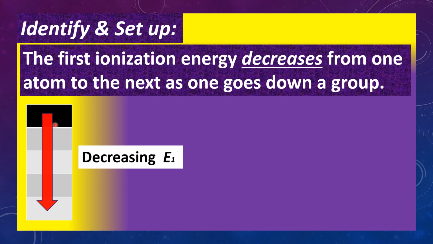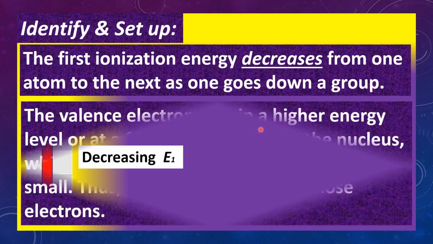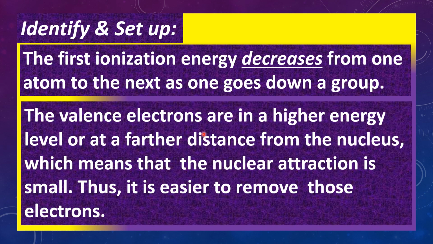The valence electrons are in a higher energy level or at a farther distance from the nucleus, which means that the nuclear attraction, meaning the attraction of the protons found in the nucleus to the outermost electrons, is weaker. Thus, it is easier to remove those electrons.